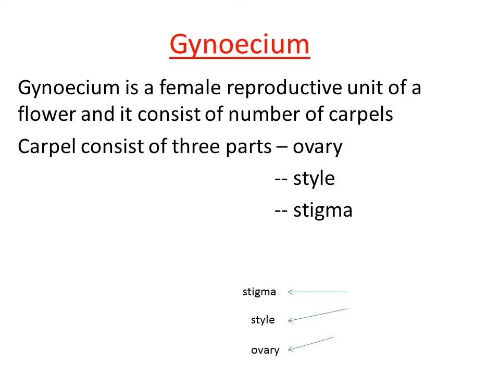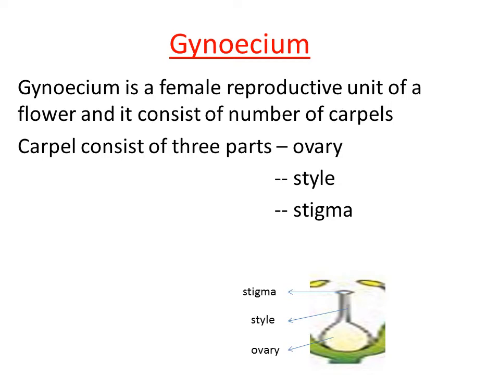Now let us see the proper structure of the carpel. So this is the carpel. The base of the carpel is called the ovary, and the elongated tube-like structure we can see in the diagram is the style, and the style ends with a swollen structure that acts as a receptacle, and that is the stigma.